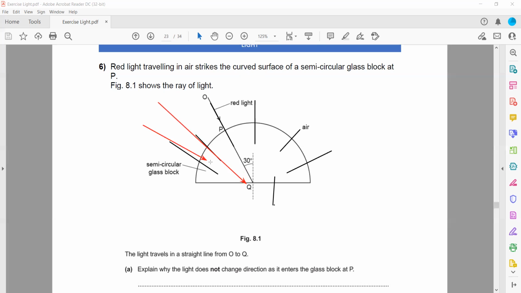Because it is passing along the normal. So here light is passing along the normal, so it will pass straight.